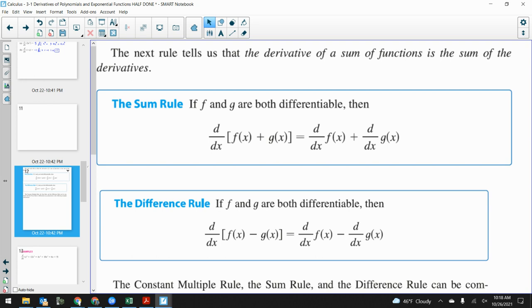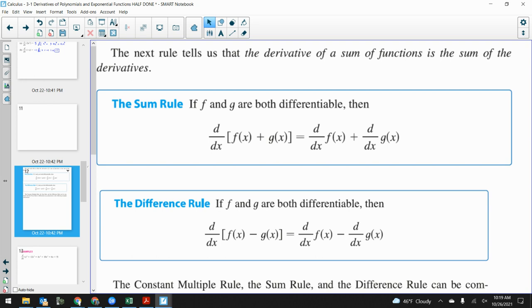It basically says that if you have two differentiable functions, two functions where you can find the derivative, you can find the derivative of them separately and add them back together. So if you have f of x plus g of x, and you want to find the derivative of f of x plus g of x, it is truly equivalent, like the distributive property, to the derivative of f of x plus the derivative of g of x.